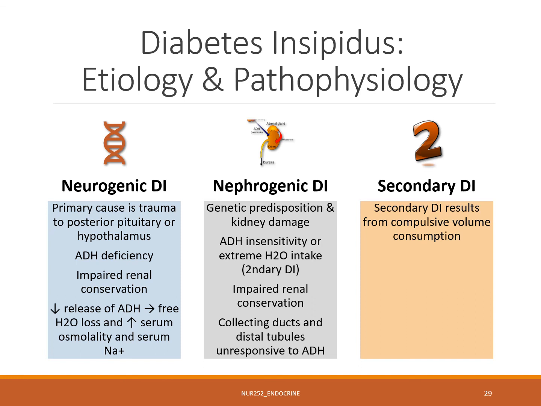In this form, absent or diminished release of circulating levels of ADH from the posterior pituitary produces free water loss and causes serum osmolality and serum sodium to elevate. The posterior pituitary is unable to respond by increasing ADH levels. Therefore, the kidneys are not stimulated to reabsorb water, and excessive water loss results.